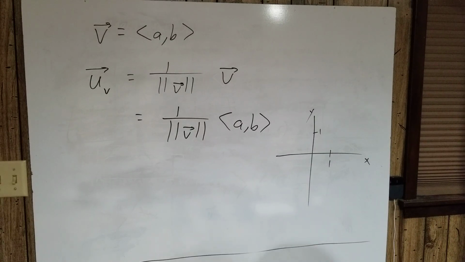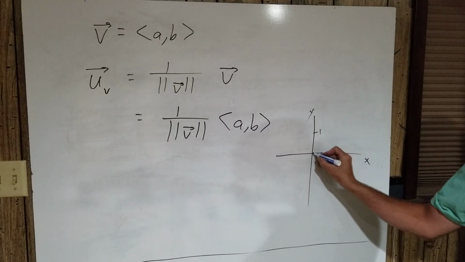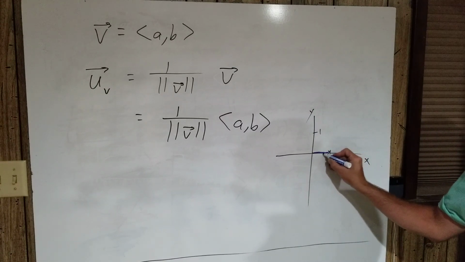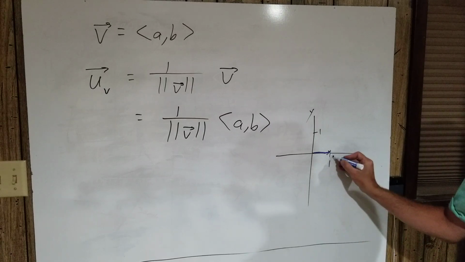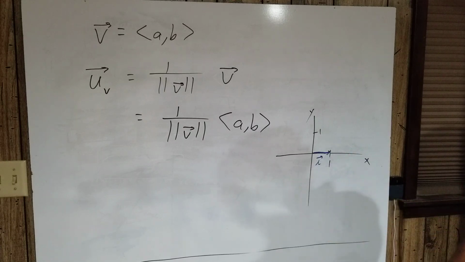It says vector i is given by the vector with components <1, 0>. So what they're saying is a vector that's in standard position and has a terminal point at (1, 0), we're going to call vector i.